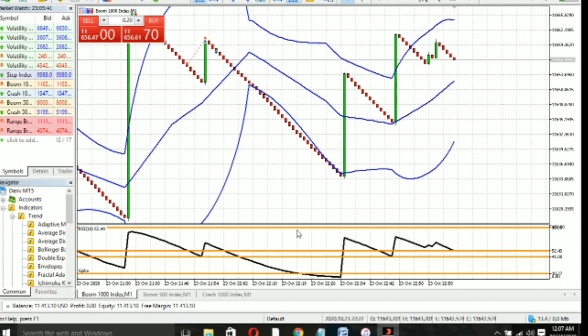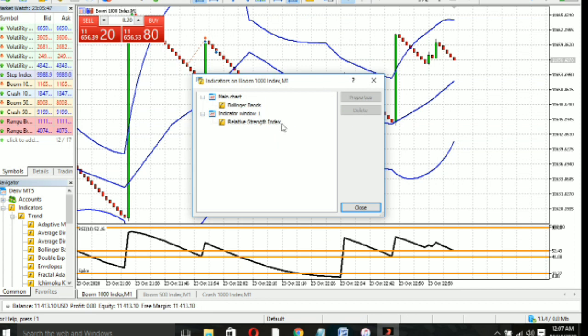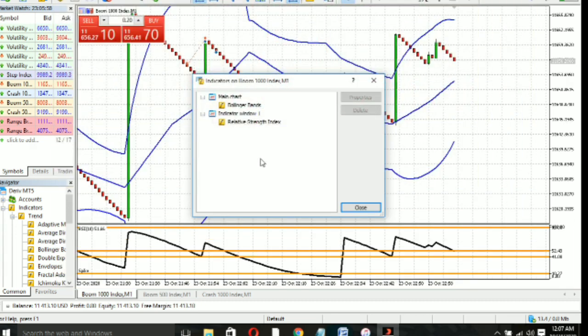Let me just give you the indicators. We have the Bollinger bands, and we have the relative strength index. Just two simple indicators for this strategy. Let's go to the properties for Bollinger.